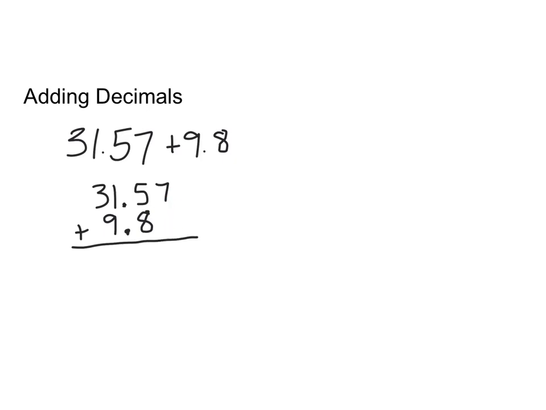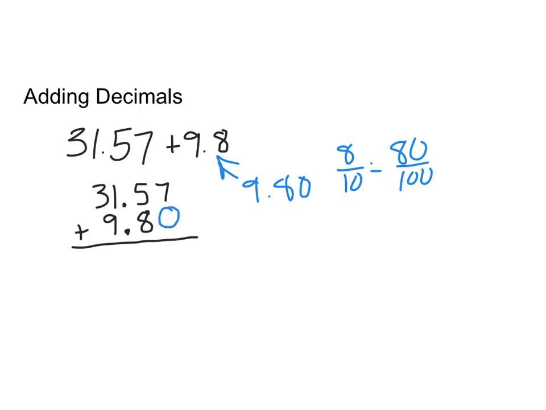Well, we know that 9.8 is equivalent to 9.80 because 8 tenths is equivalent to 80 hundredths, right? That 0 doesn't change anything. So I'm going to put in a 0 here before I add.